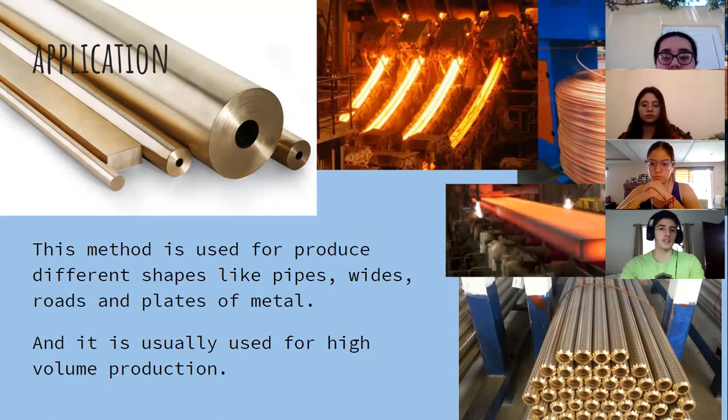And now the applications. We can see that this metal is used to produce different shapes like pipes, wires, rods, and plates of metal. And it is usually used for high volume production, as I already mentioned before.